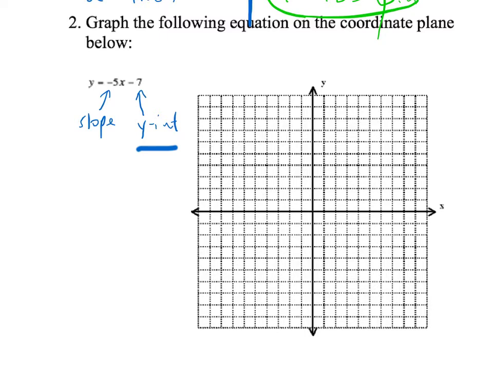And then a slope of -5 is going to be 5 over 1. Now you'll notice this is a slope of -5 because it goes down 5, right 1. We can continue this, down 5, left 1. And once you have enough points, you can just go ahead and connect them as straight as you can. And that's going to be your line.